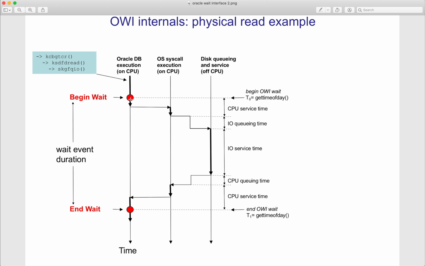Well, let's look into this again. When we are about to start a wait, Oracle takes a timestamp, and then Oracle issues a system call to the operating system level. And now in the OS kernel level, we are using some CPU. We are going through file system layers. We are going through logical volume layers.